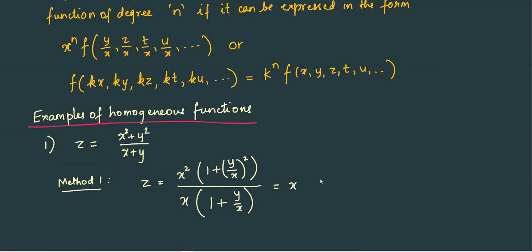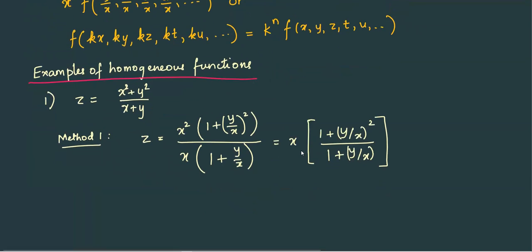So this is x times 1 plus y upon x the whole square by 1 plus y upon x. So we get x power 1. So z is a homogeneous function of degree 1.